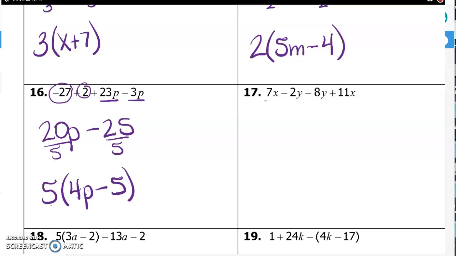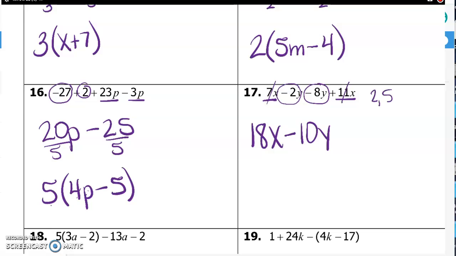17, we have 7x plus 11x, giving us 18x. Then we have negative 2y minus 8y gives us minus 10y. Negative 2 minus 8 is negative 10, so we write that as minus 10y. So 10 does not go into 18, so then your factors of 10 are 2 and 5. 5 does not go in, but 2 does.